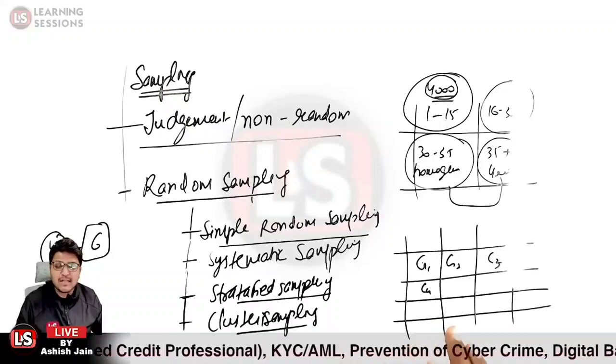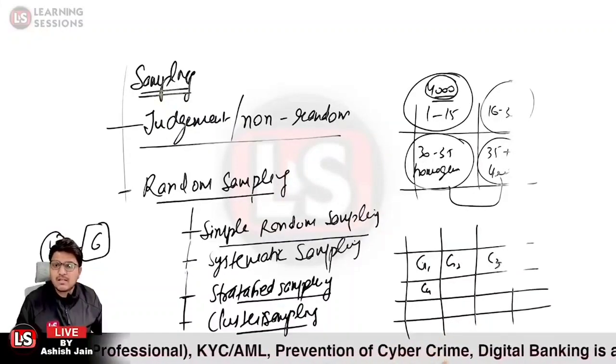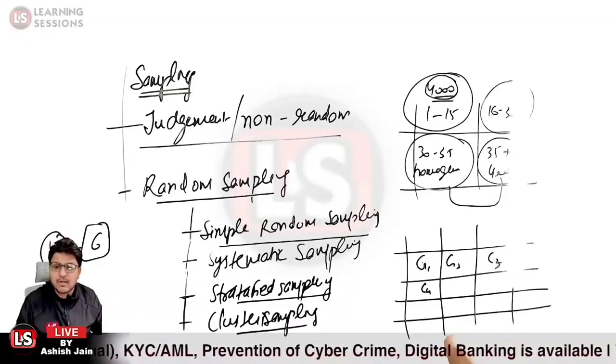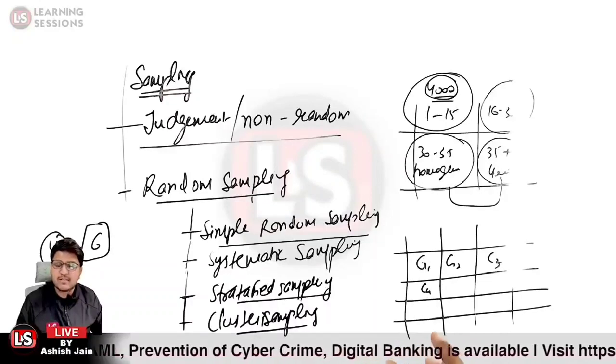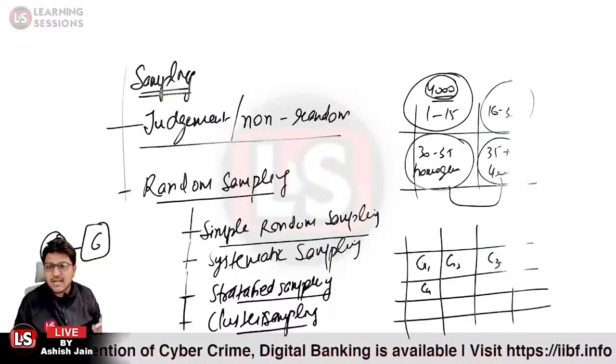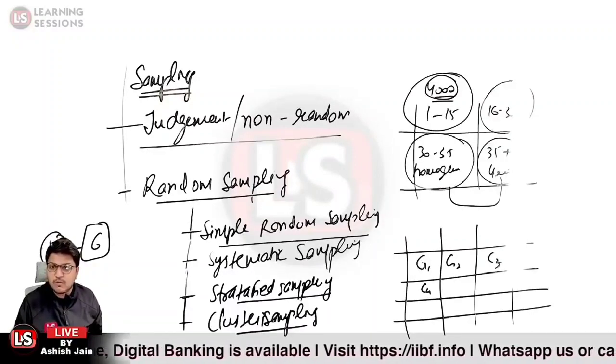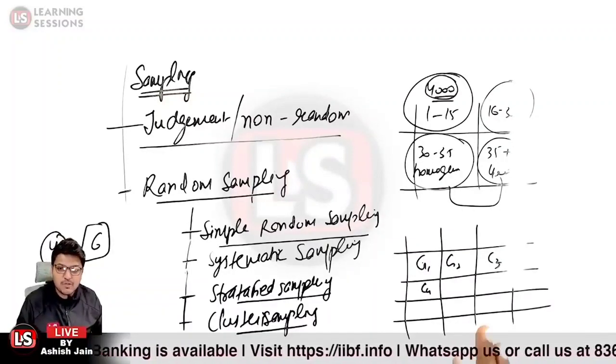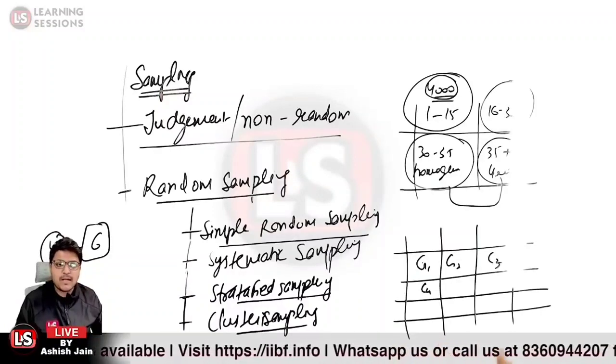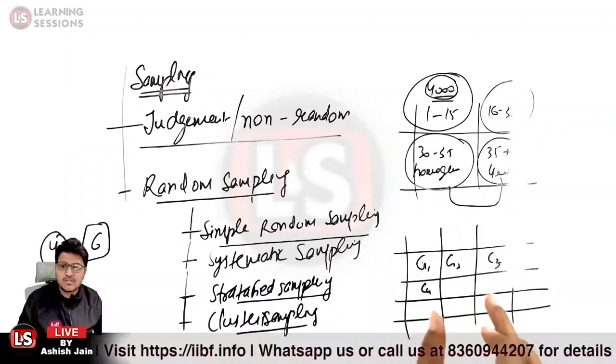So we can say there is heterogeneity within the cluster itself. The characteristics are not similar, because each and every type of person resides in an individual cluster.